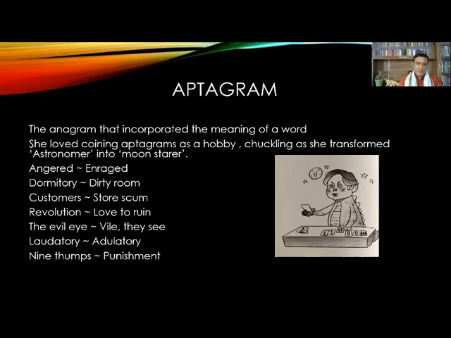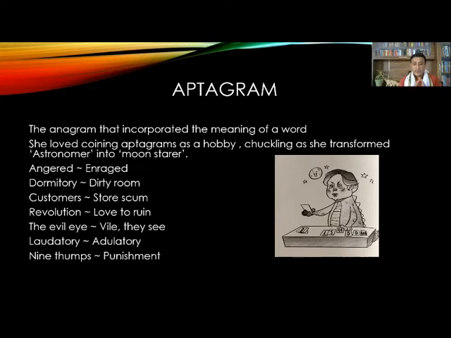So using the third last M, using both O's, and the letter N, which is there only once in astronomer, the word moon is formed. And the remaining letters are S, T, the first letter A, R, and the remaining ER.